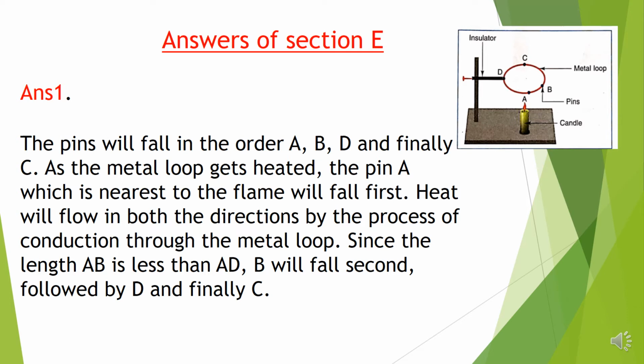Now heat will flow in both directions by the process of conduction through the metal loop. It is given that the length AB is less than AD, so B will fall second, followed by D and finally C.